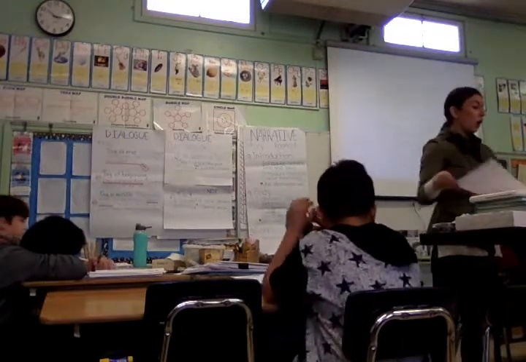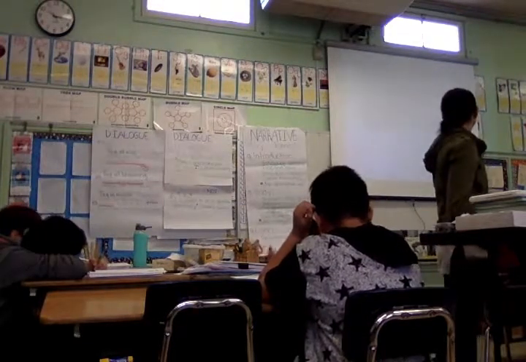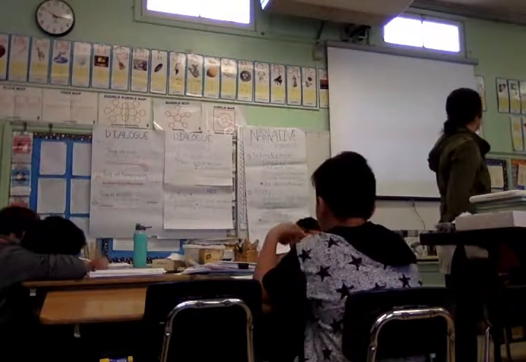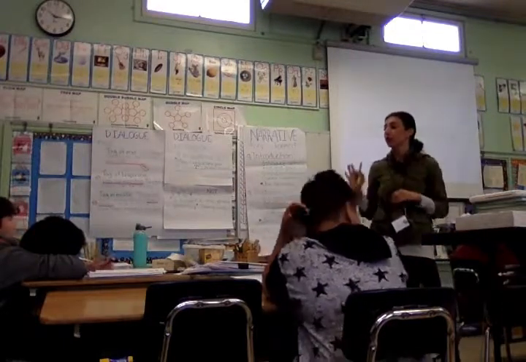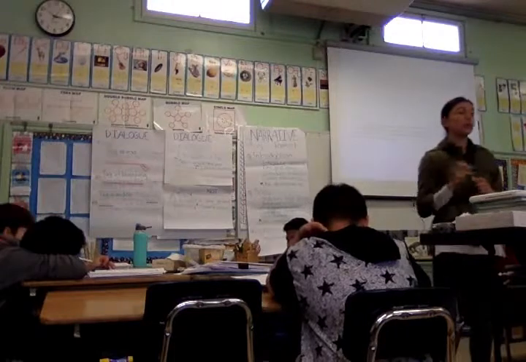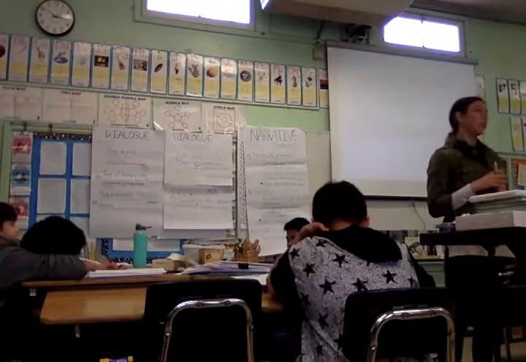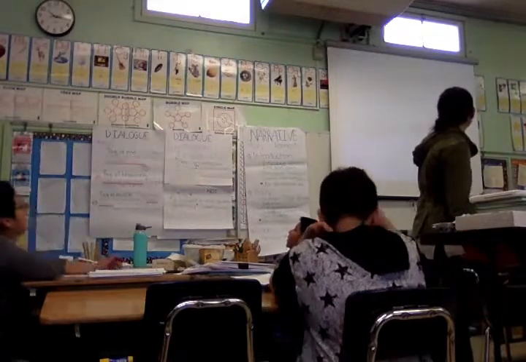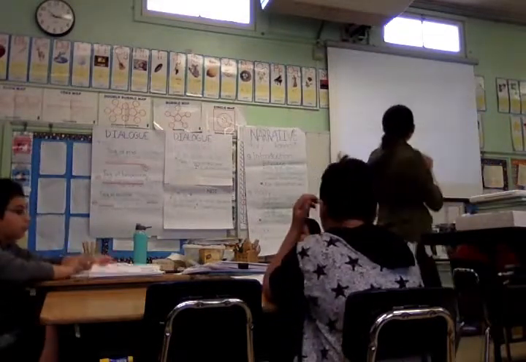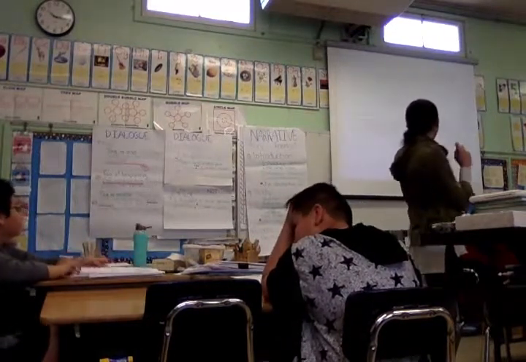So we're going to practice. I'm going to show you 2 different examples of how to tell if a story is told in first person or third person, okay? So pay attention because you're going to have to do this very soon in your own stories in the next few minutes. So pay close attention. So the first example says, it was a warm summer day and I was playing jump rope with my friends Anne and Beth.